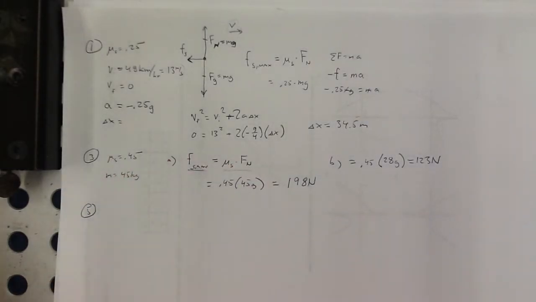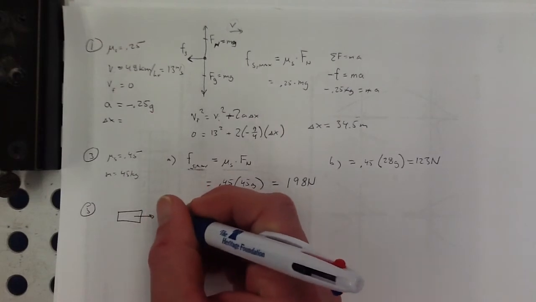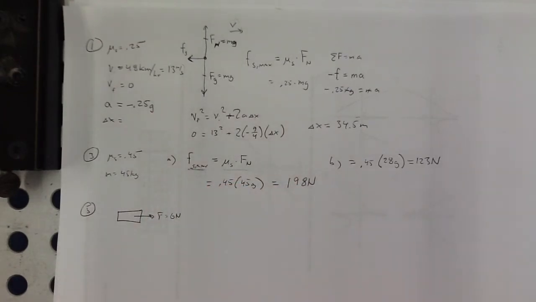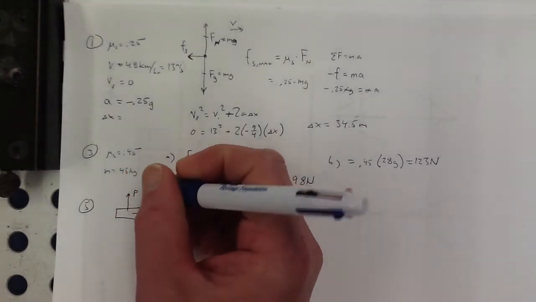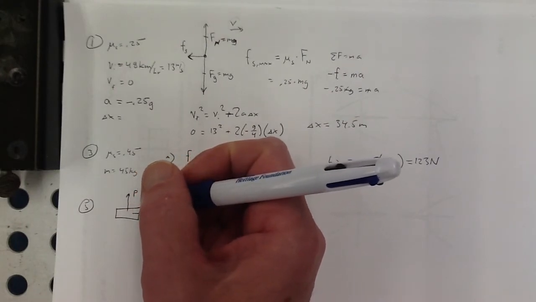All right, number 5. A 2.5 kilogram block is initially at rest on a horizontal surface. A horizontal force of magnitude 6 newtons is applied, and a vertical force, which they're calling P, some kind of pull upward, I guess, is then applied to the block.